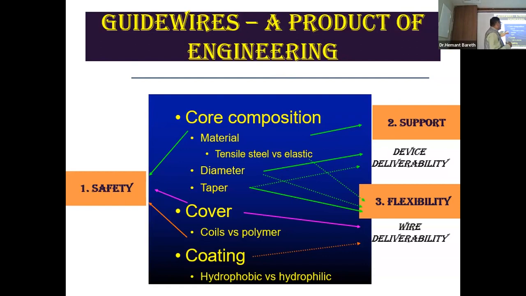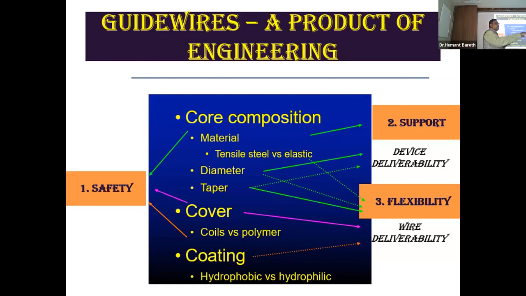The importance of material is, if it is a very stiff material or a tensile material, then you have a lot of support. But at the same time, if it is a very tensile material, then flexibility will come down. So we have to draw a balance between how much support we require, and by support we mean support to the device that you are going to put.